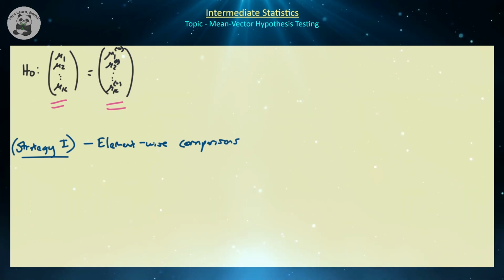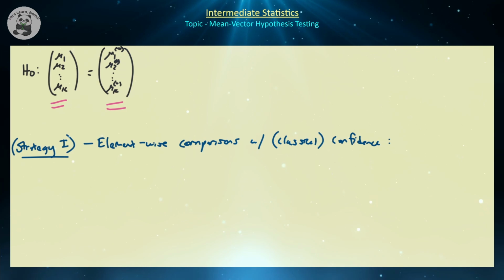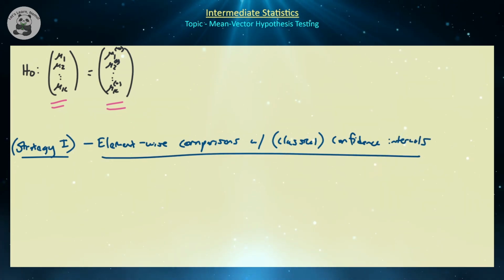And what we're going to do is we're going to estimate them with classical confidence intervals. So what that means is we're going to take this null hypothesis and write it in sort of an element-wise fashion.